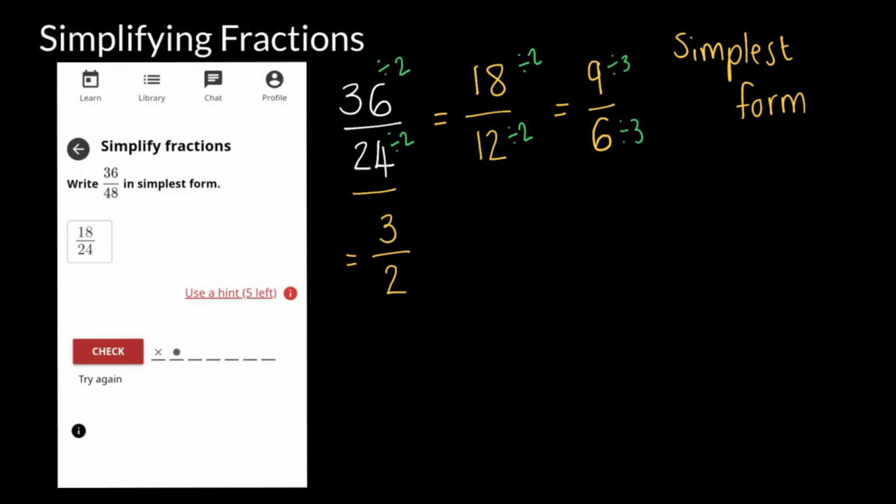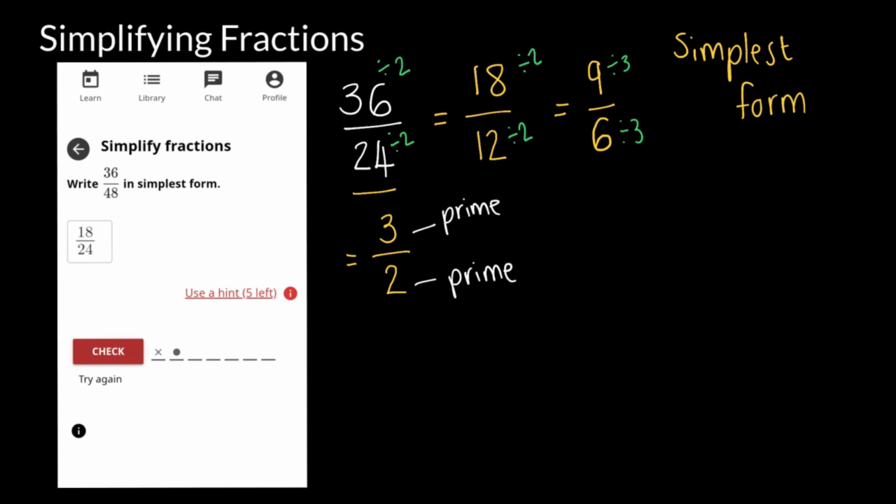And now I don't actually think I can divide any more. The easiest way for us to spot if we can divide any further is if either the numerator or the denominator is a prime number. And we know that both 3 and 2 are prime numbers. Therefore, I can't divide a prime number by any other number except the number itself and 1.